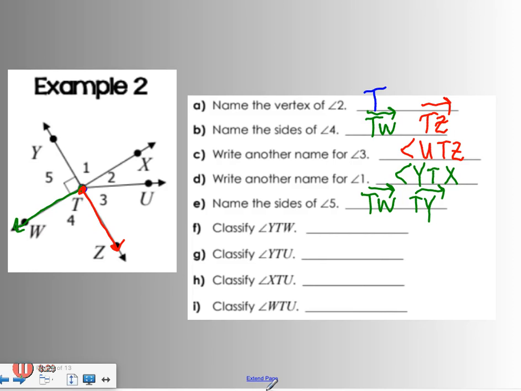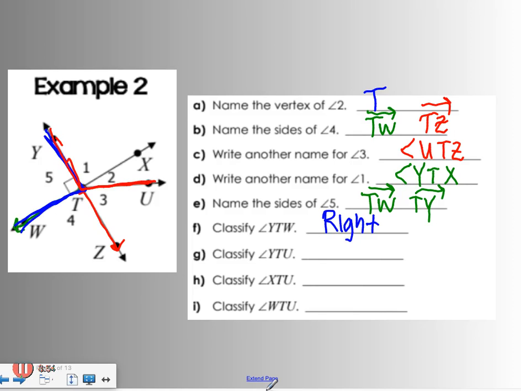Classify angle YTW. What do you guys think? Straight? No. Right. YTW is this guy right here. Classify angle YTU.